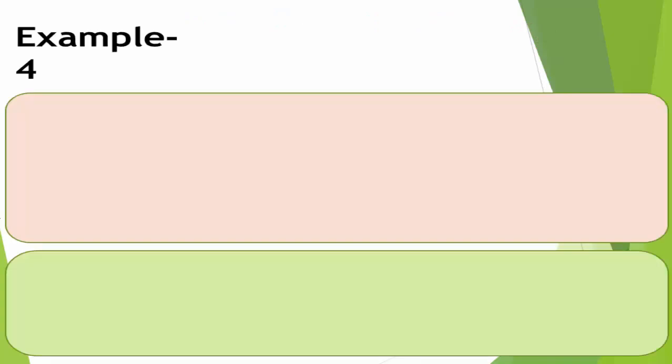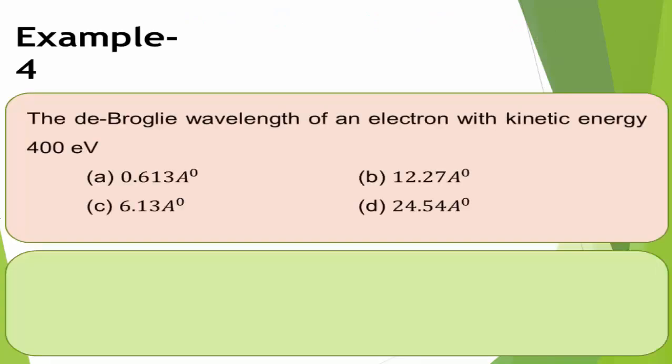The next question: the de Broglie wavelength of an electron with a kinetic energy of 400 electron volt. The de Broglie wavelength, lambda, is equal to h divided by root of 2mE.